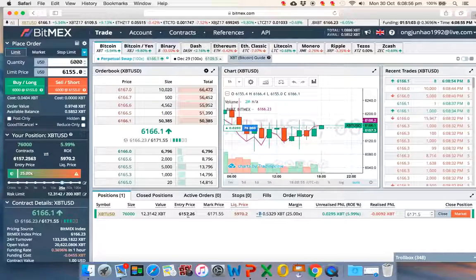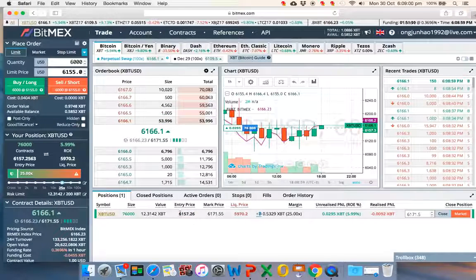So let me show you an example. Assuming I bought the contract at 6157 and I purchased 12 Bitcoin worth of this contract. Okay, so I purchased 12 Bitcoin. Assuming I want to close it, I find the price and I'm going to close it at 6170.